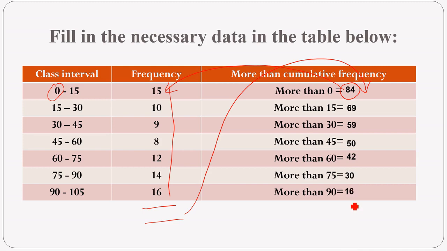So you can see in the end, this 16 and this 16 should be the same. If it is the same, your calculation is correct. So this is what you need to understand with regards to solving the more than cumulative frequency problem. I hope this type of problem is very clear with this example.